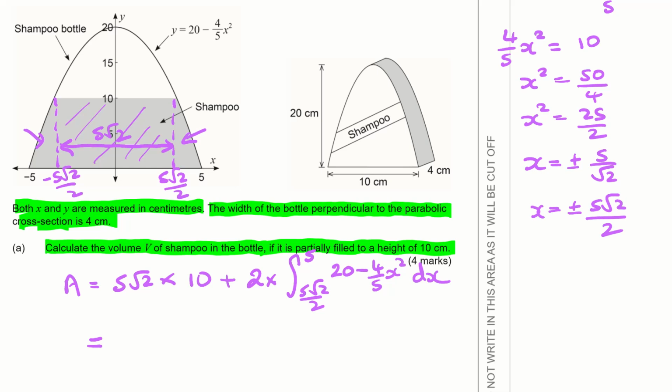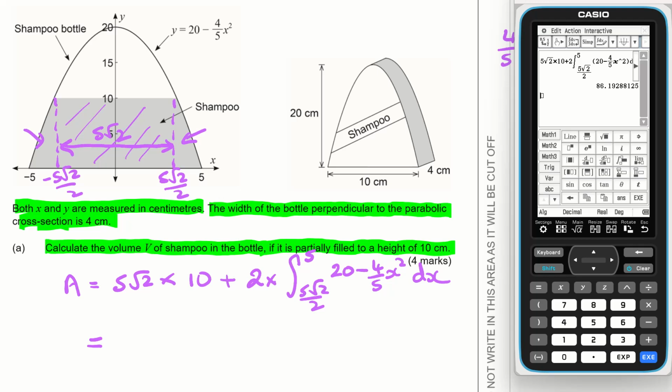And we can calculate that, and I believe I've actually done that on the calculator already, and there we go, gives me 86.192 dot.